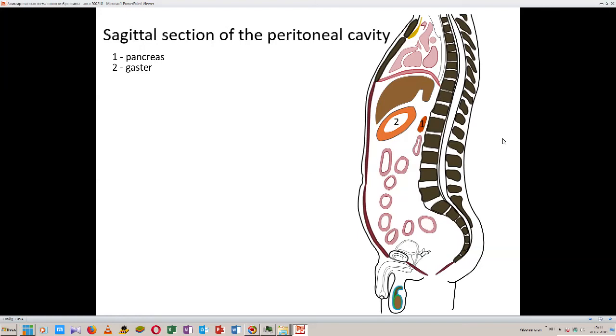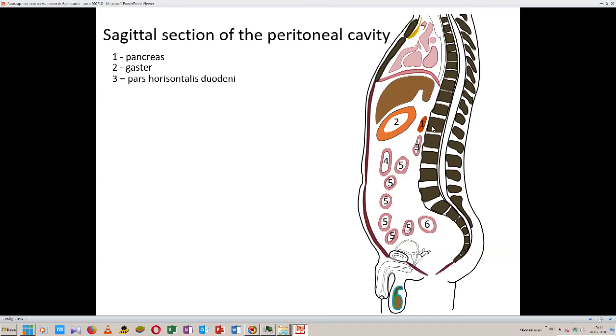And then a lot of loops of the intestine. Number 3, number 4, number 5, number 6. What are they? Number 3, pars horizontalis duodeni. You can understand that it is placed under the pancreas.